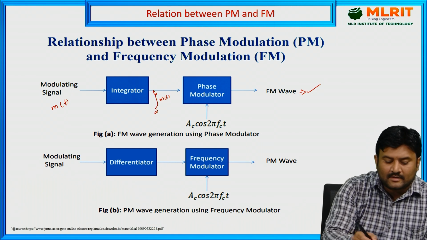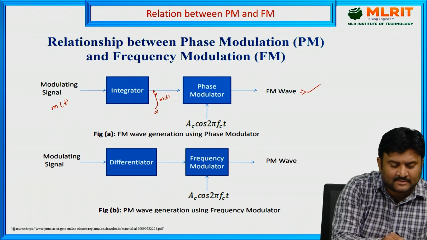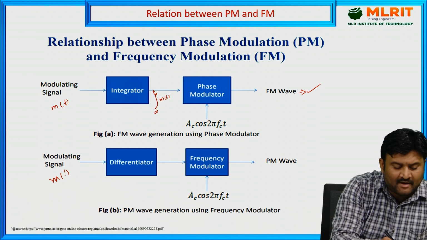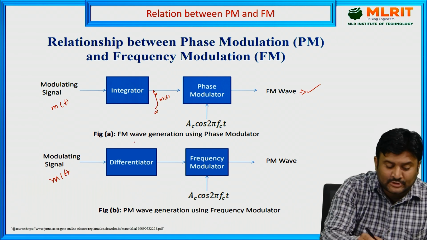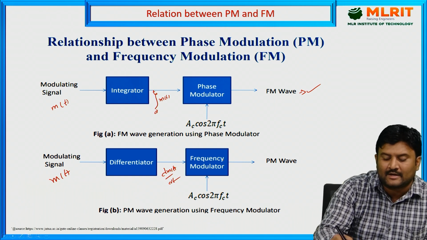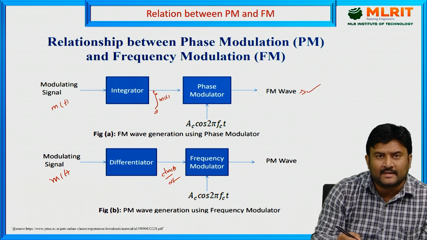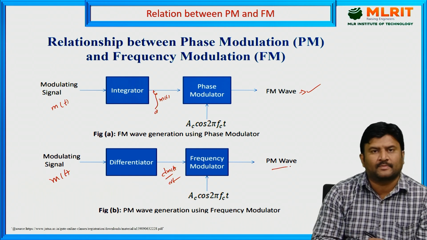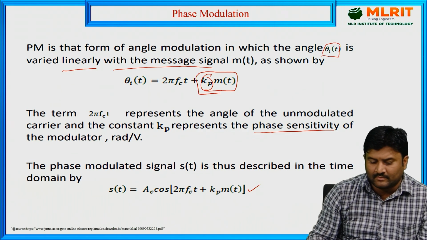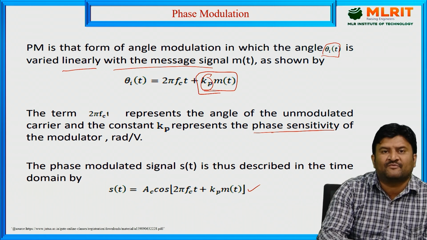Then how can we generate the PM wave with the help of FM? Simply, I take m of t as the input and give it to the differentiator, dm of t by dt. Then it is given to the frequency modulator, and the output should be the PM wave, Ac cos 2 pi fct plus kp into m of t.